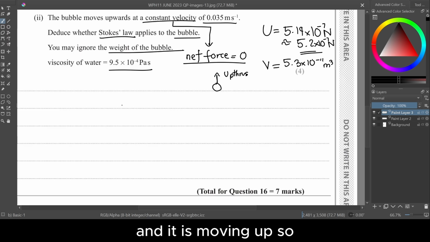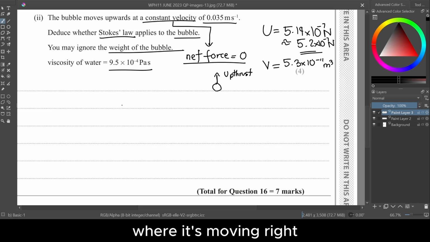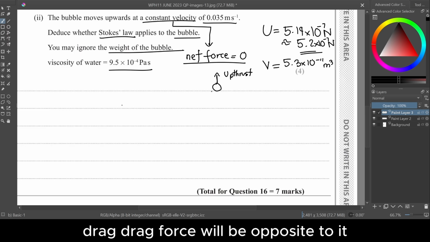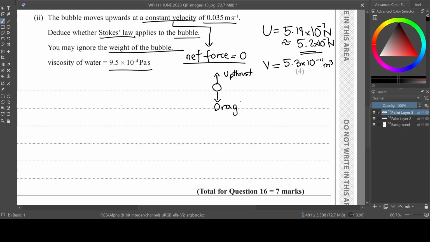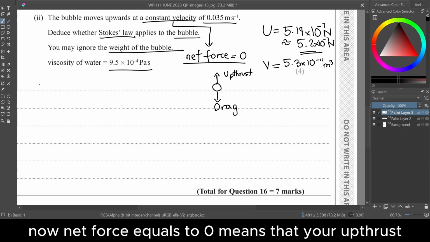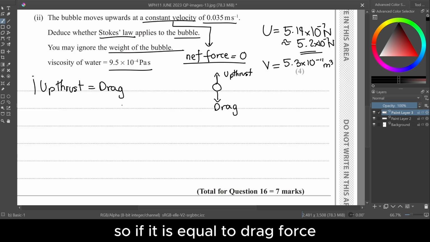It is moving up, so the drag force will be opposite to the direction of motion. If it's moving upwards, the drag force is downwards. Now net force equals 0 means that your upthrust is equal to the drag force.